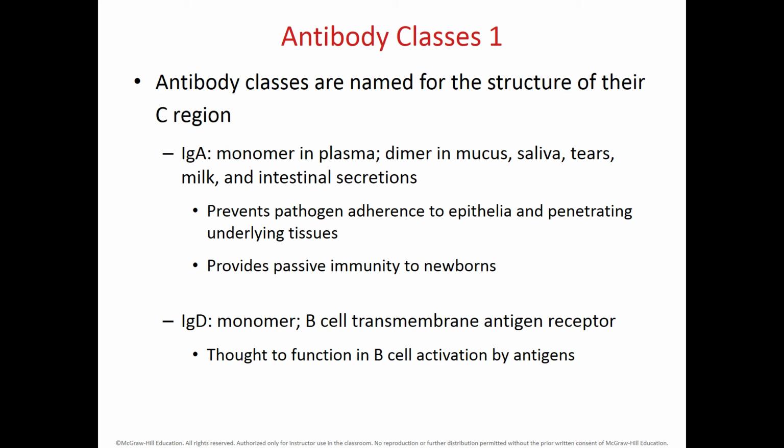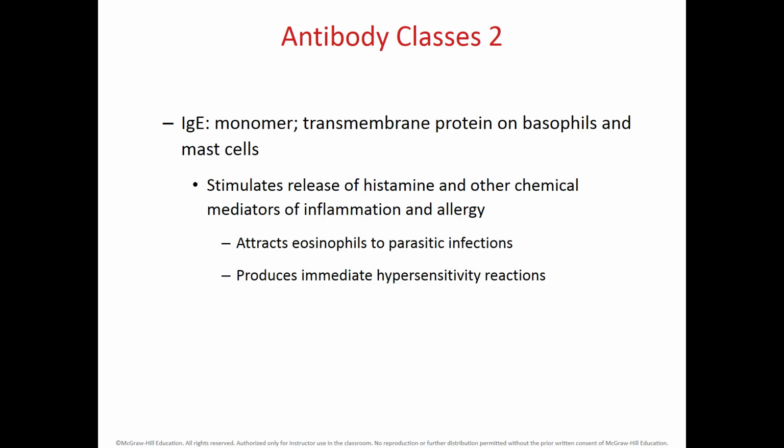IgD is a monomer, and it is found in the B cells. It seems to work as an activating factor for B cells once the antigens bind to the B cells, so the B cells can become plasma cells and they can secrete other types of antibodies.